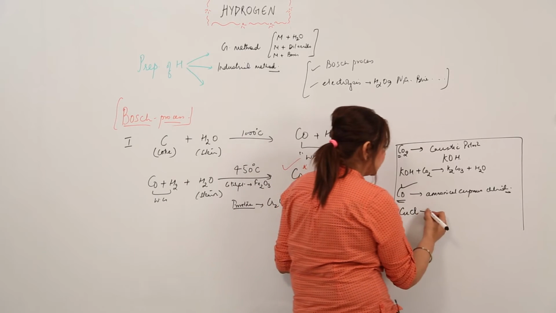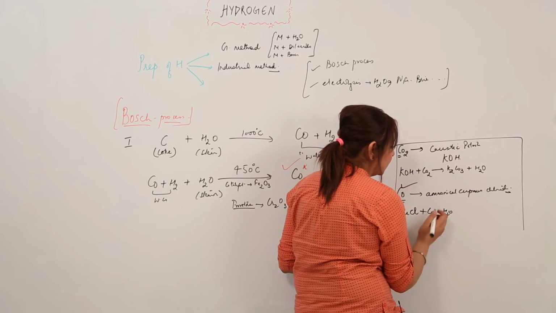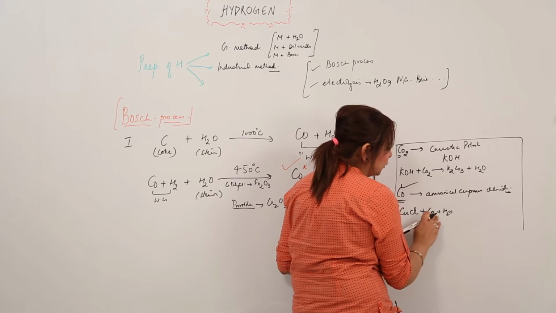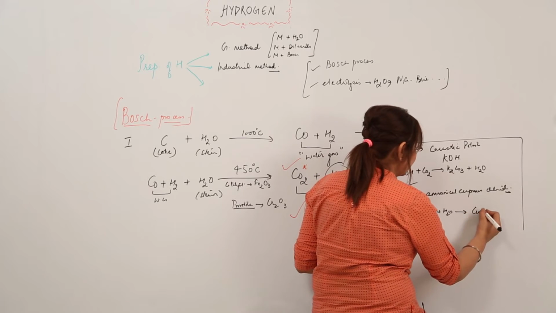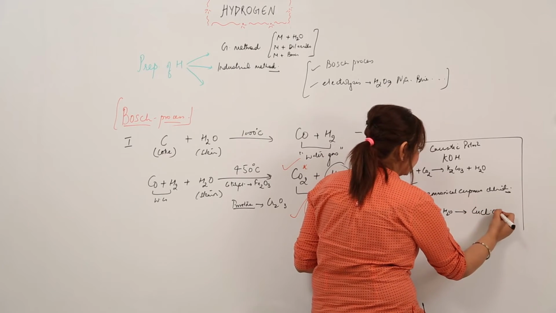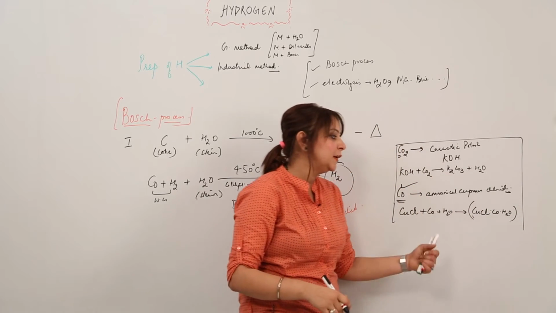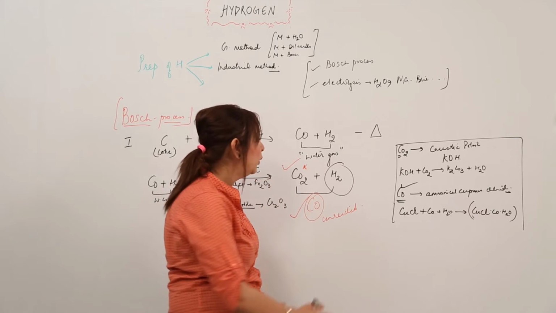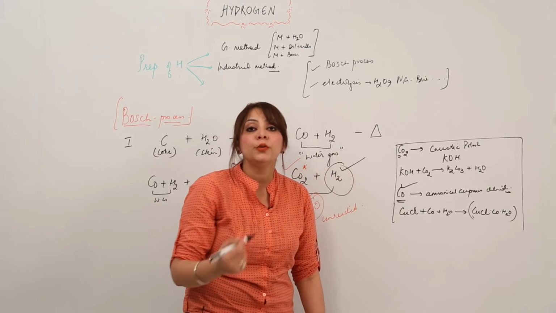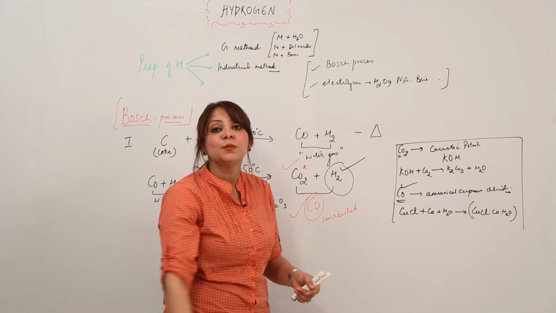It is a solution, so obviously it contains water as well. So what is it going to form? It forms a product like this. So the carbon monoxide is removed as well, and we are left with the pure hydrogen which we were looking for, for which we have carried out this Bosch process.